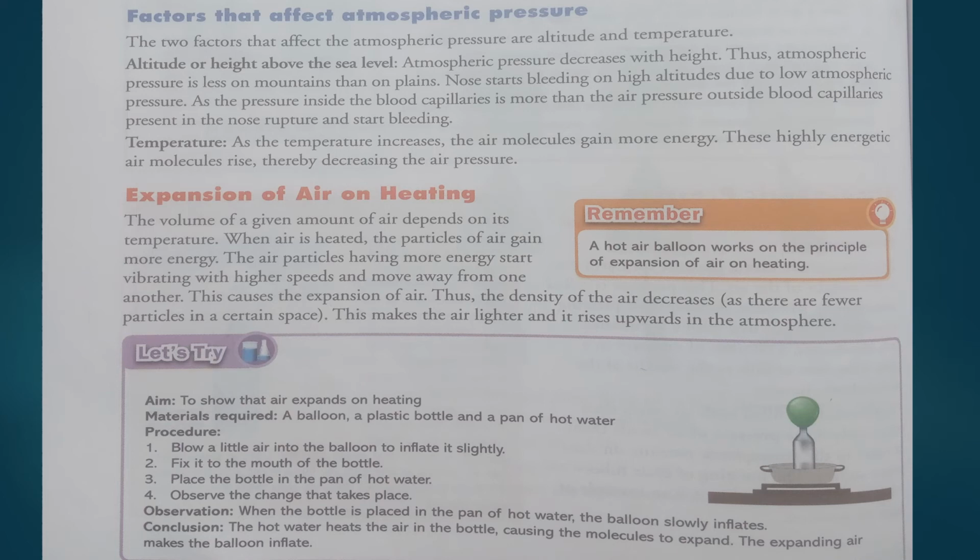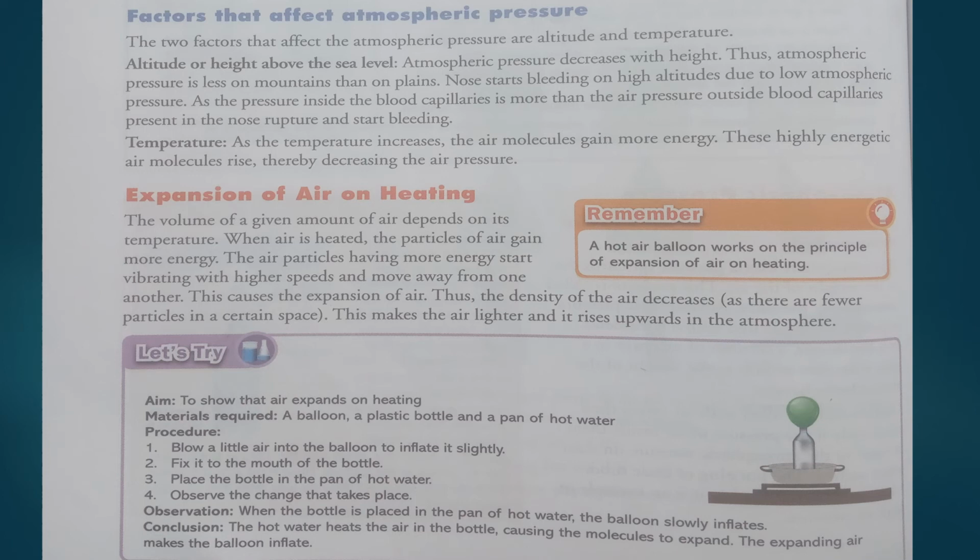Another factor on which atmospheric pressure depends is temperature. Whenever temperature increases, the air molecules gain more energy, means they move fast, means they acquire kinetic energy. These highly energetic air molecules rise.